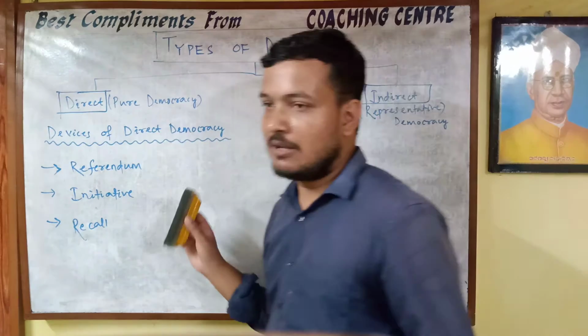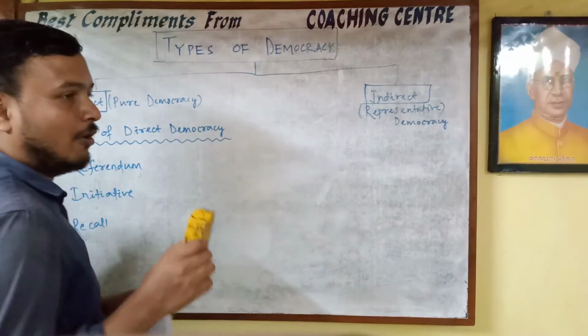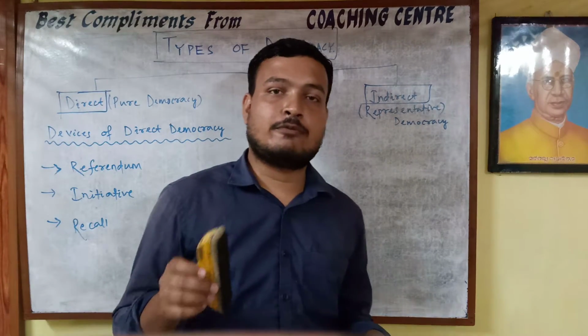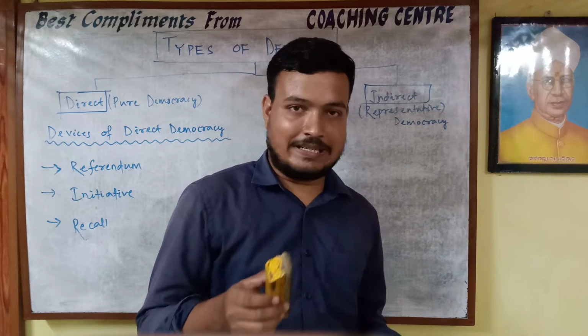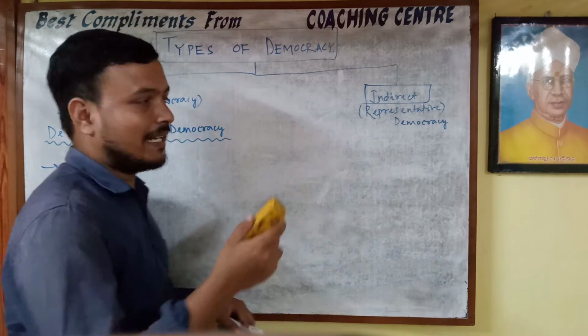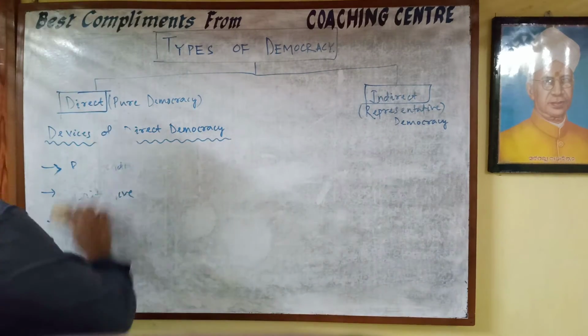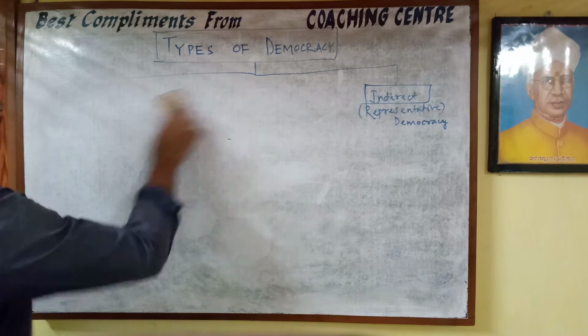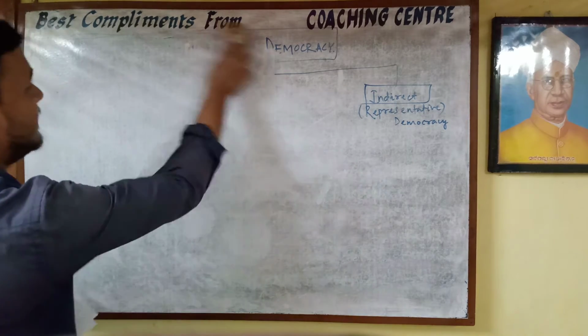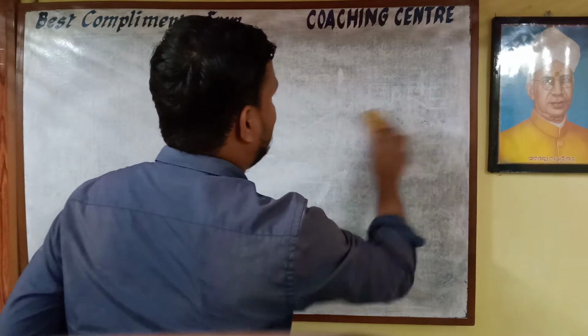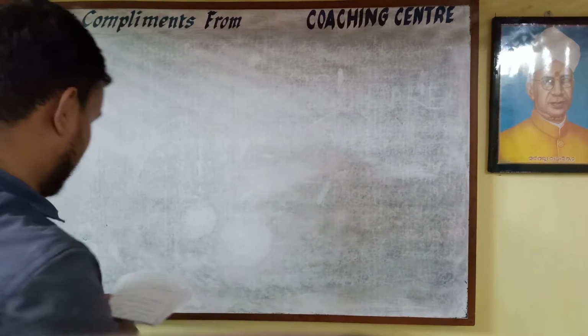You have to remember all these, and I will also provide you the class notes. If you want to note it, pause the video and note it accordingly. So first we will discuss direct democracy.